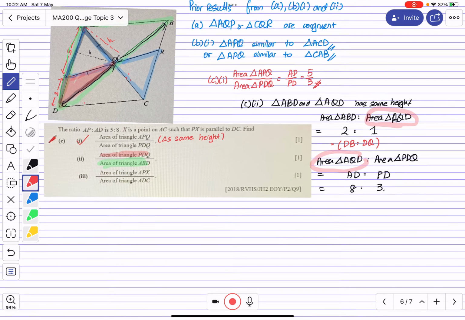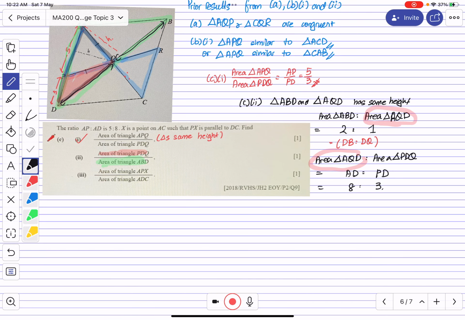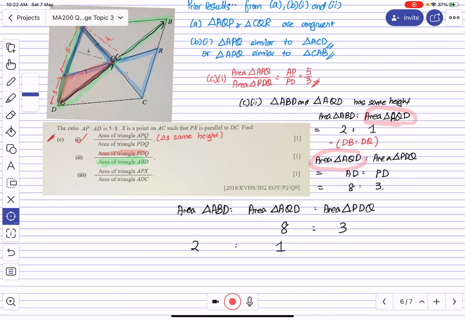So if I were to write out both, the area of triangle ABD to the area of triangle AQD, and the area of triangle AQD to the area of triangle PDQ, we know that here this is 8:3. At the same time, ABD to AQD is 2:1. So what we want to do is make AQD the same on both sides.